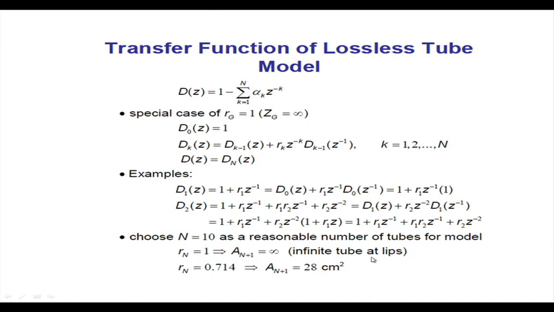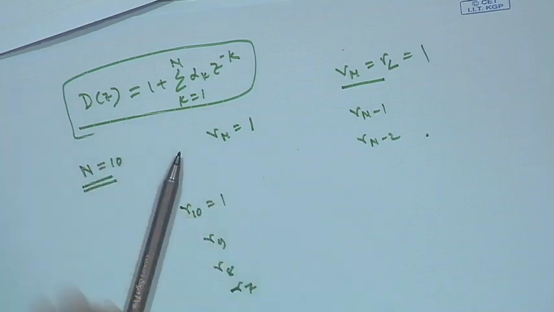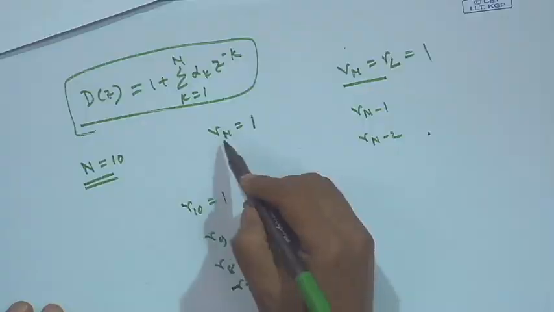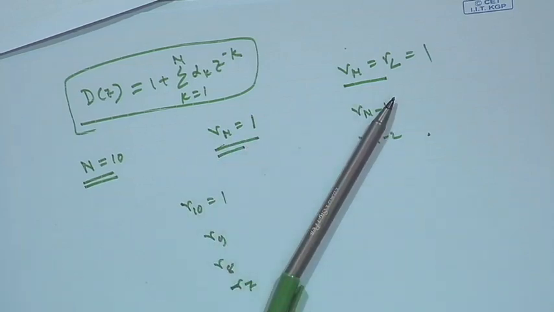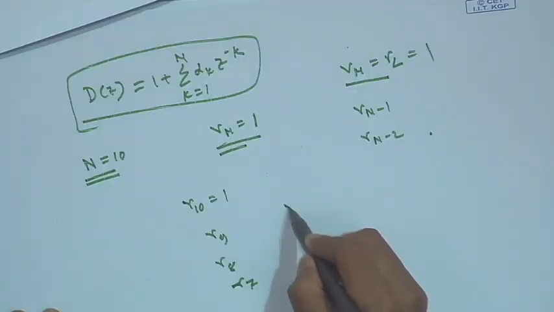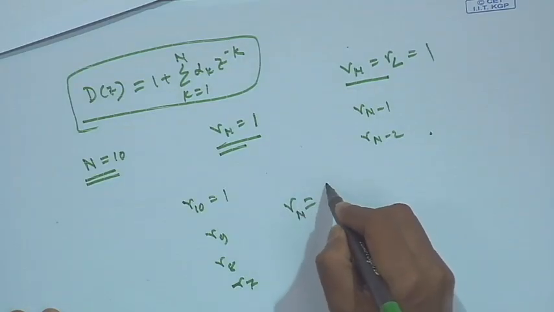So, what it is saying is that if I know the reflection coefficient, I can digitally implement the tube. On the other hand, if I know the signal which is coming out from the tube, from there I can estimate the area function of the different junctions. Because if I know Rn, what is Rk?